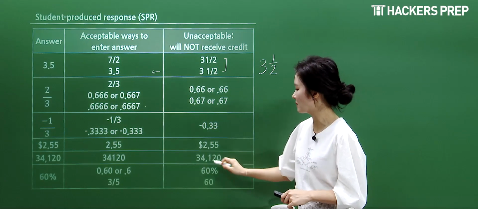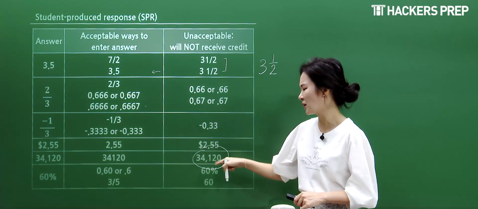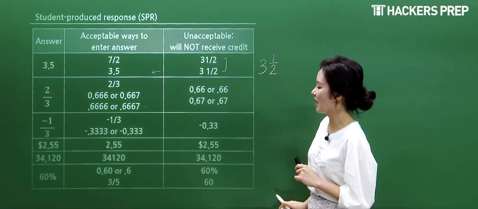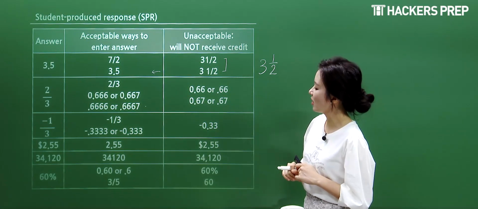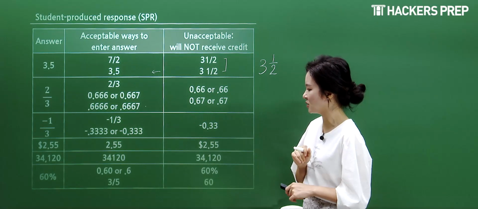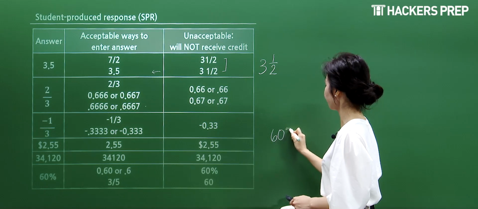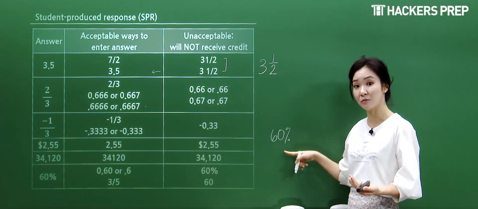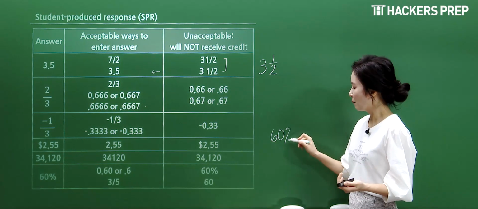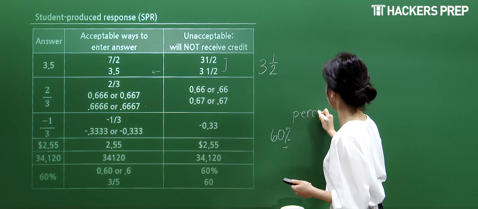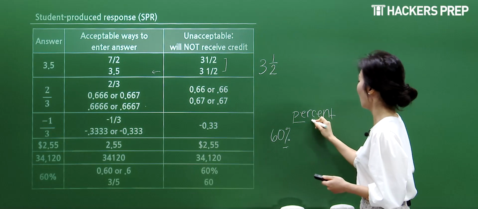So if your answer comes out to be something big like this, just make sure to leave the comma out and keep track of all the digits. And lastly, percentages can be a little confusing. If we leave the percent sign out, 60% actually comes out to be 60. But remember, percent means, in language, per 100.